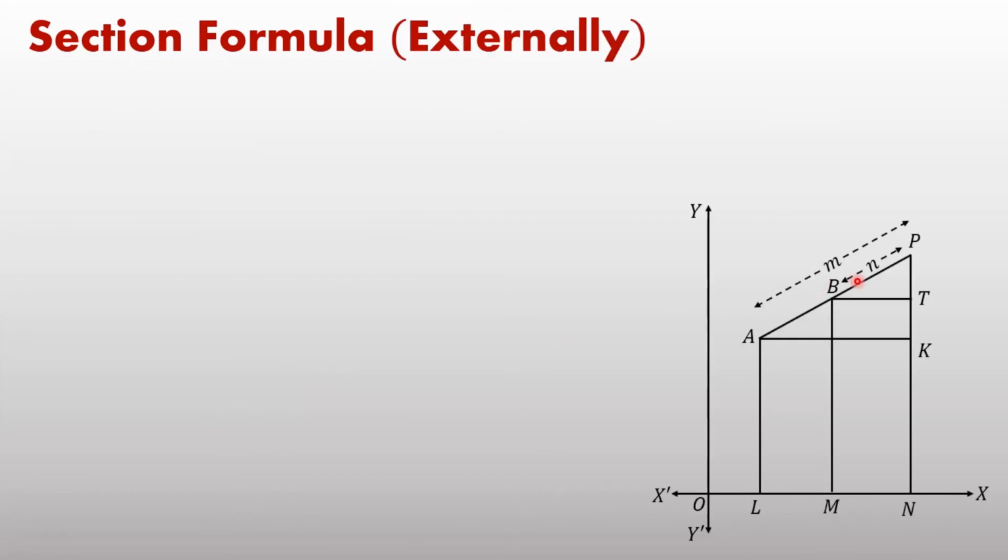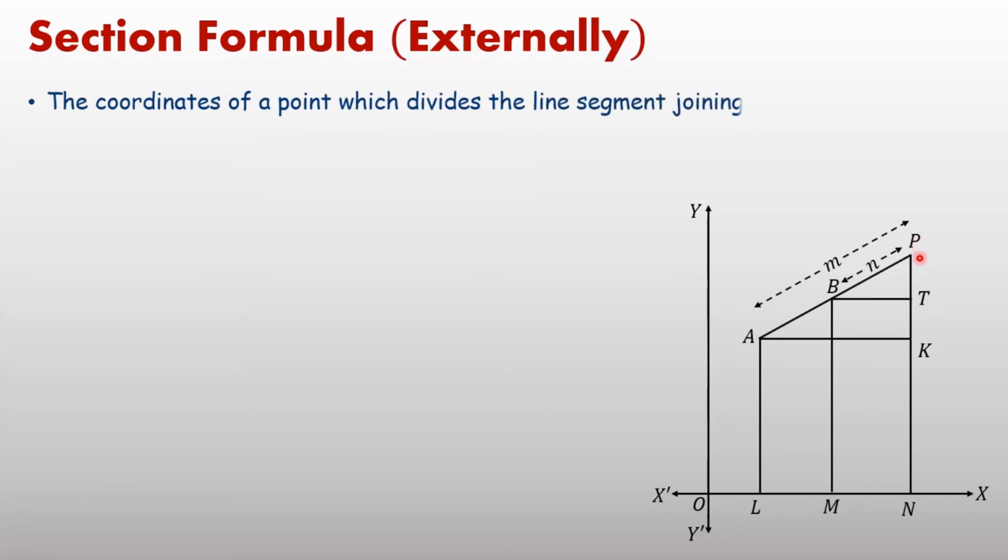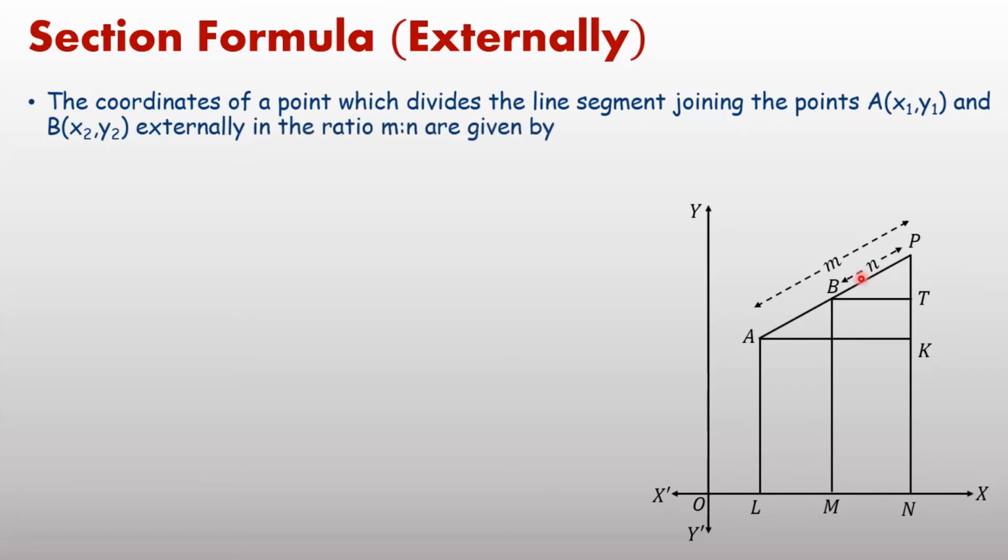Now next, again the section formula, for external division. External division means point P lies outside of AB. Here the coordinates of A are x1, y1, the coordinates of point B are x2, y2, and point P is (x, y), which we have to find such that AP upon BP is m is to n.